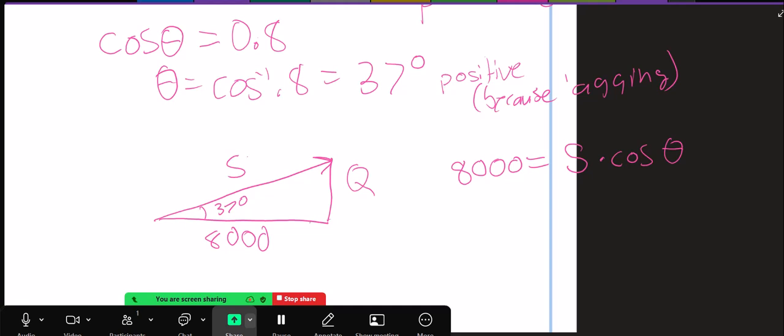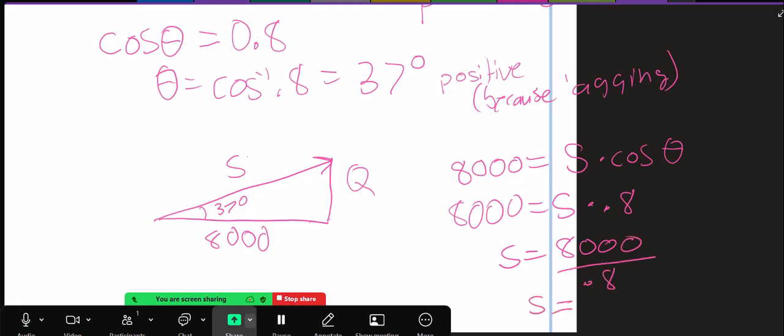And we know cosine theta is the power factor. So that's S times 0.8. So S equals 8,000 over 0.8, or S equals 10,000. So our apparent power is 10,000 volt-amps.